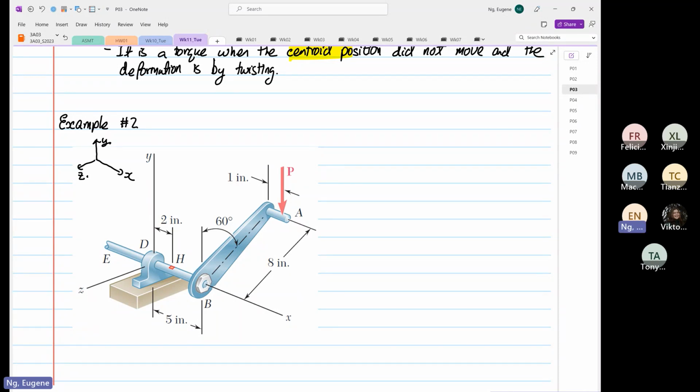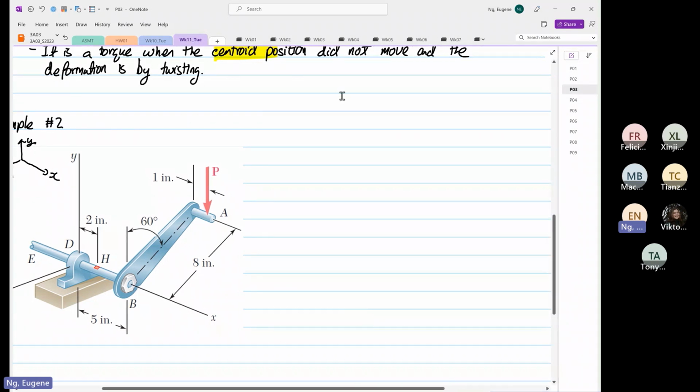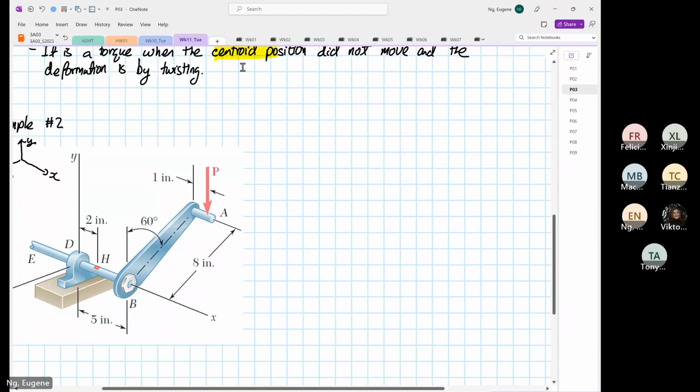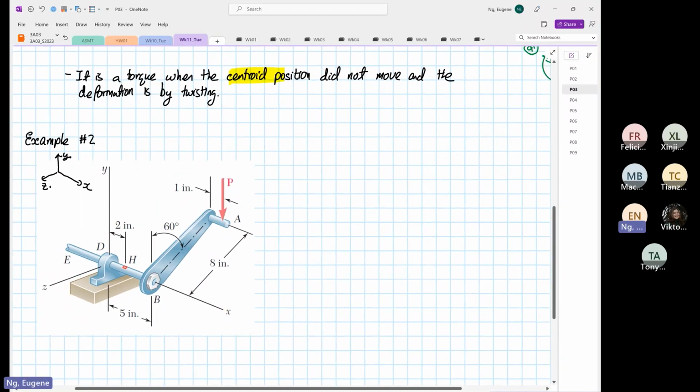The next thing we are going to do is look in the xy plane. I'm going to sketch the structure in the xy plane. So this is our x. Remember I told you, 3D problem solving on paper has to be 2D. Then you won't make any mistake.